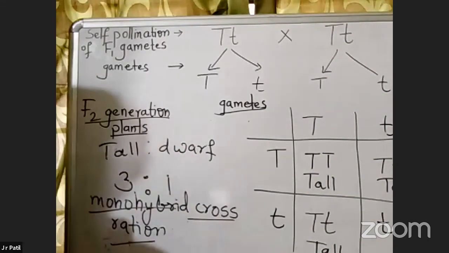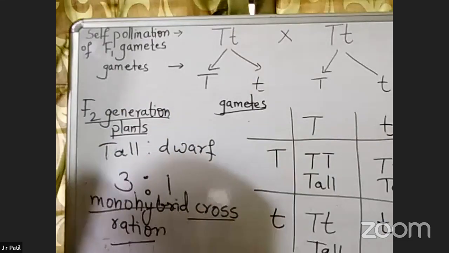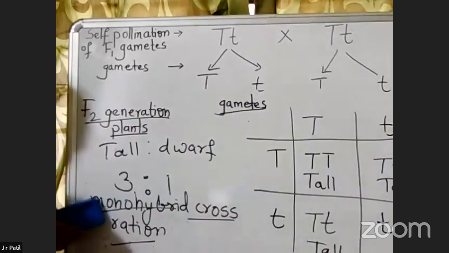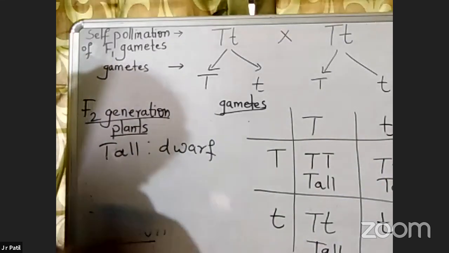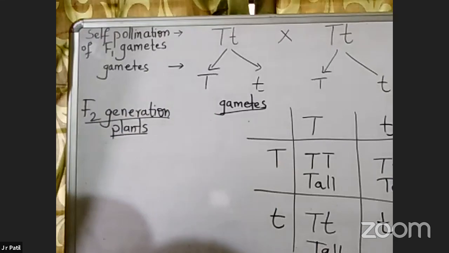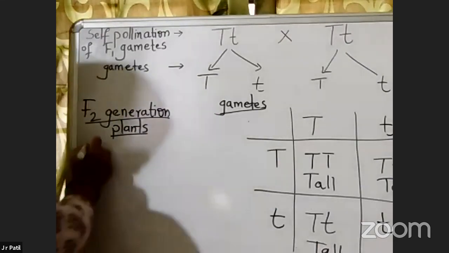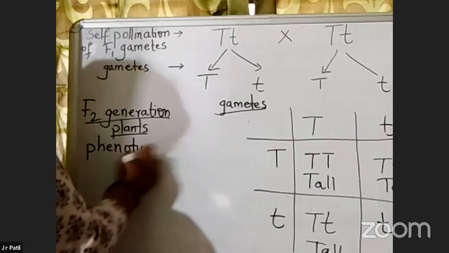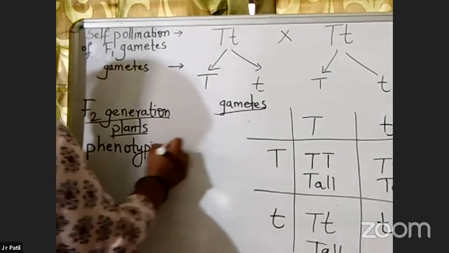This ratio 3:1 which we have written here, 3 tall plants and 1 dwarf plant, we call the phenotypic ratio.